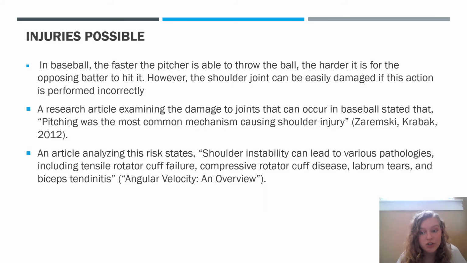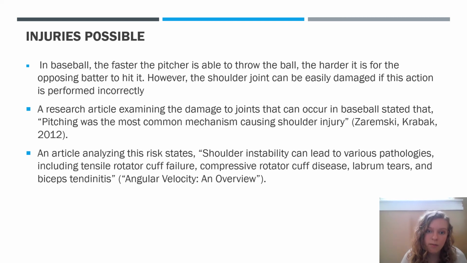So just like any other sport, there are injuries that can happen in baseball, and the faster that the pitcher is able to throw the ball, the better it is, because it's harder for the opposing batter to hit it. But the shoulder joint can be pretty easily damaged if this action is done incorrectly.